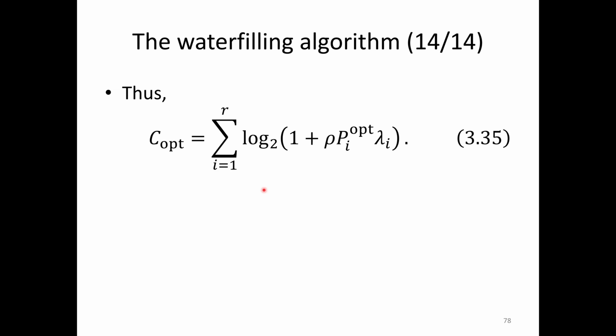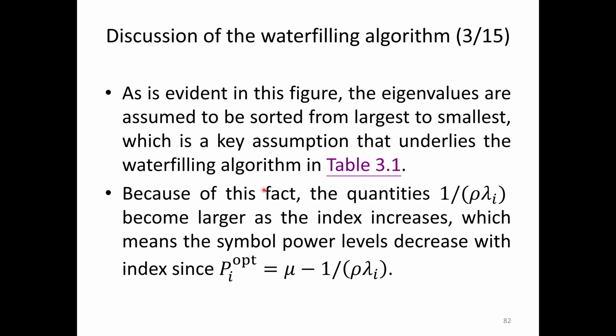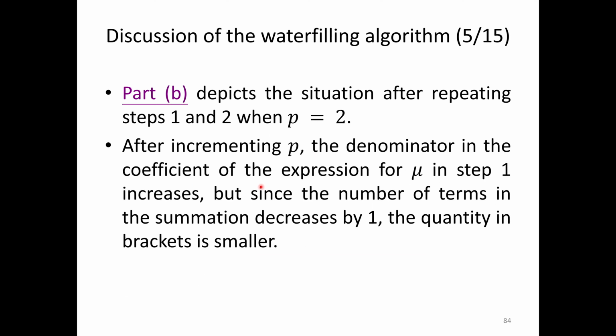Let us go back to the slide. So the denominator in the coefficient of the expression for mu in step 1 increases, from 1/5 to 1/4.